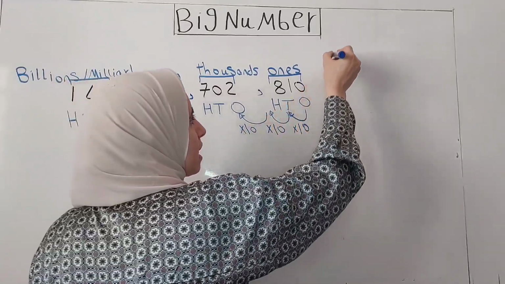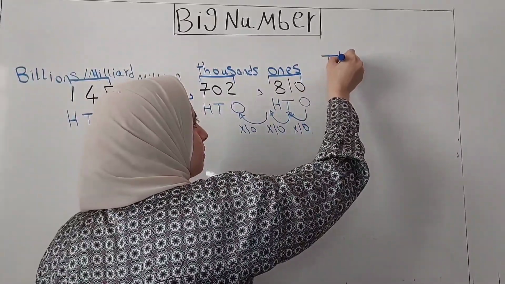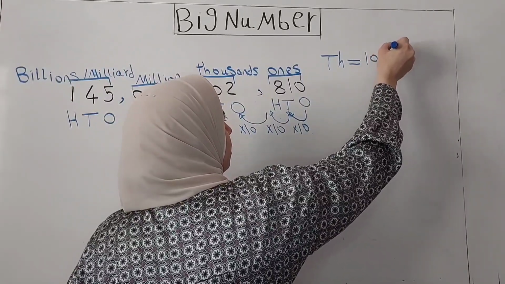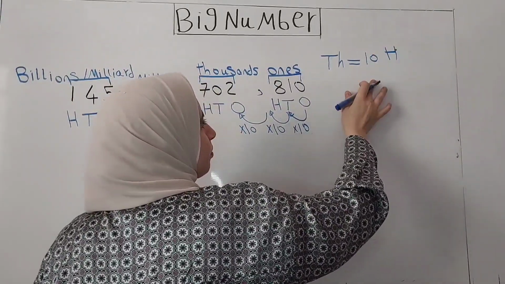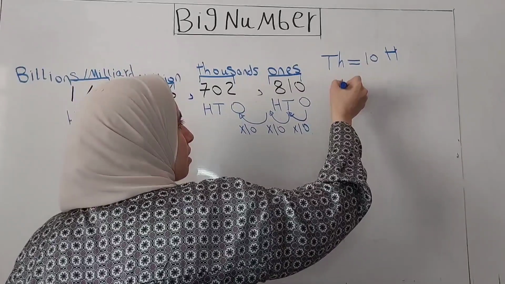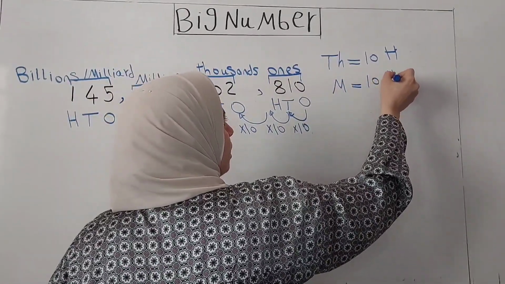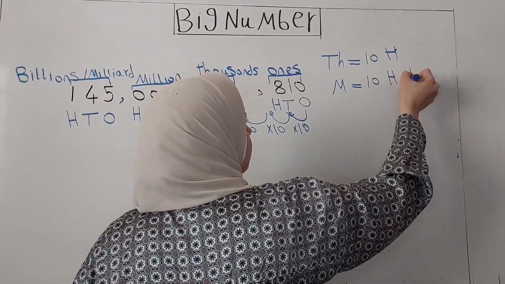So, 10 hundreds equals 1,000, and 10 ten-thousands equals 100,000.